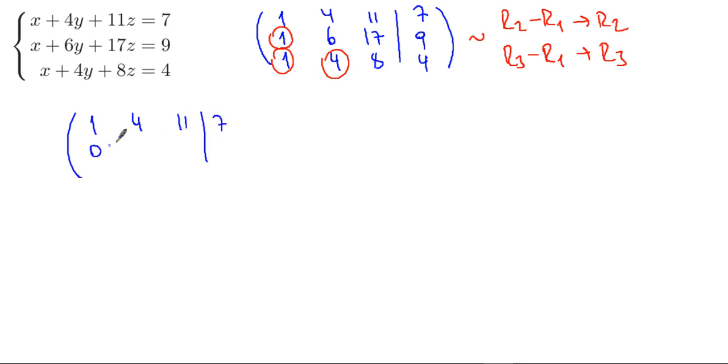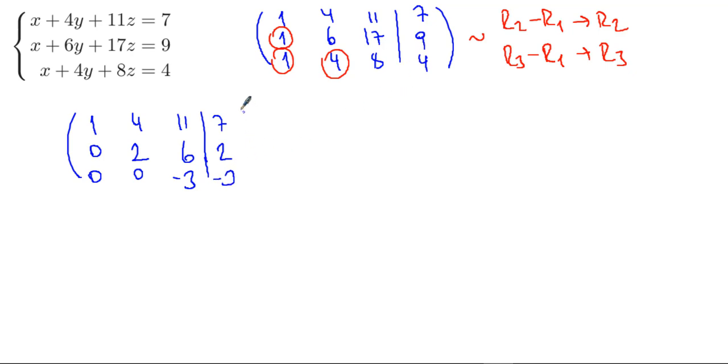The second row, I'm just subtracting the first row from the second: it will be 0, 2, 6, and 2 again. Then I need to subtract the first row from the third one. It will be 0 here, and it works very fine. 4 minus 4 will be 0, so it's kind of perfect. So 8 minus 11 will be minus 3, and 4 minus 7 will be minus 3 again.